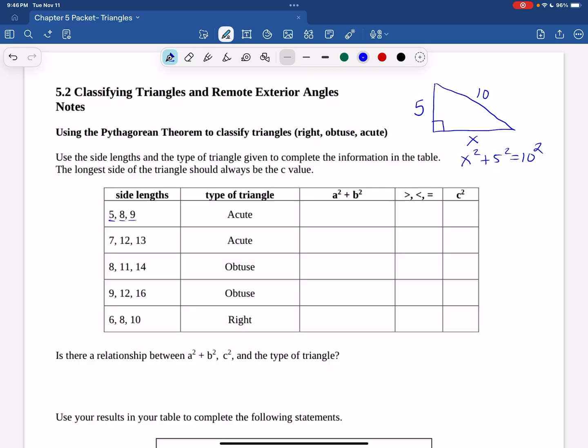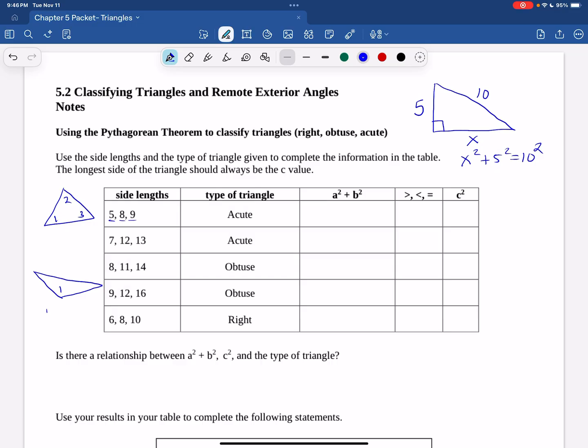Before we get started, understand that an acute triangle is similar to this one, where all 3 angles, angle 1, 2, and 3, are acute. So all the angles in the triangle are acute. The obtuse triangle would look something like this, and in an obtuse triangle, only one angle is obtuse. The other 2 have to be acute, but it has one obtuse angle.